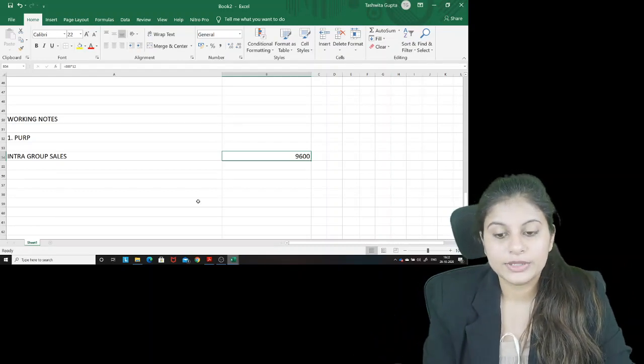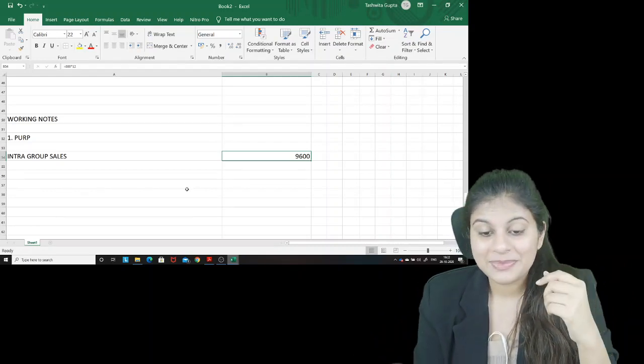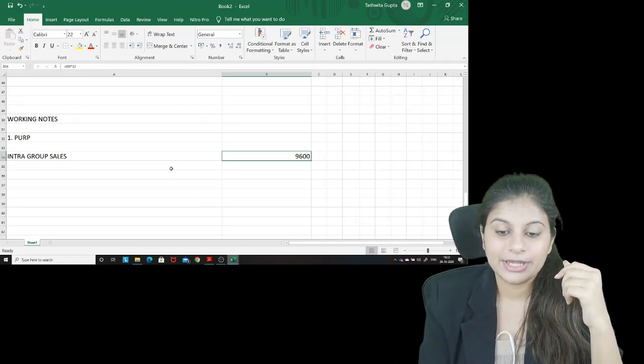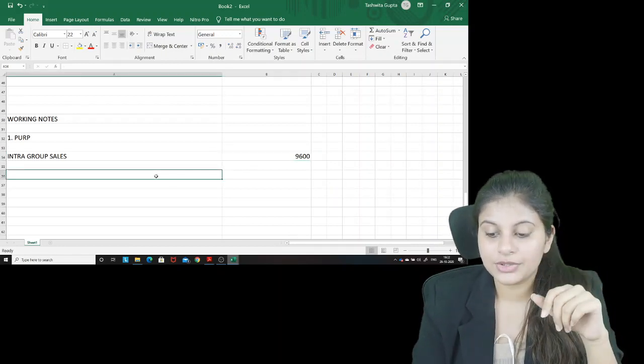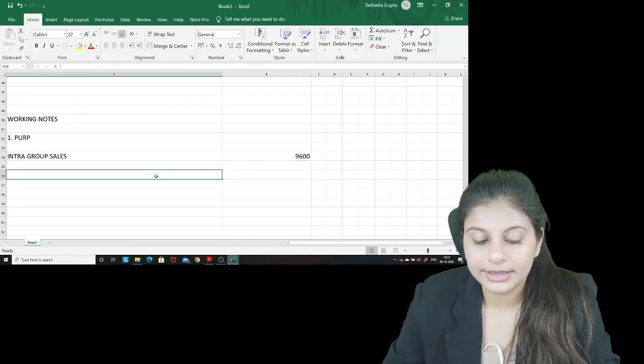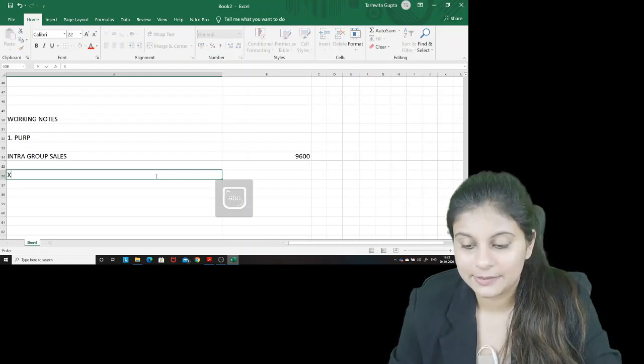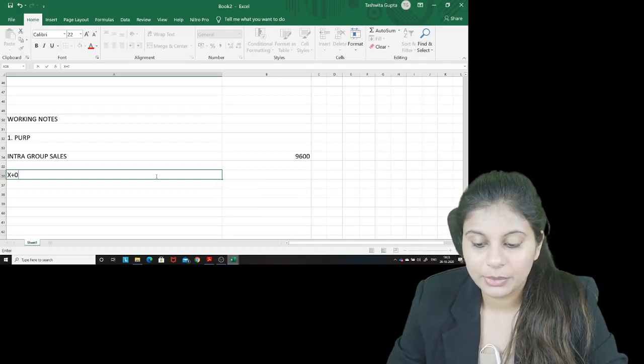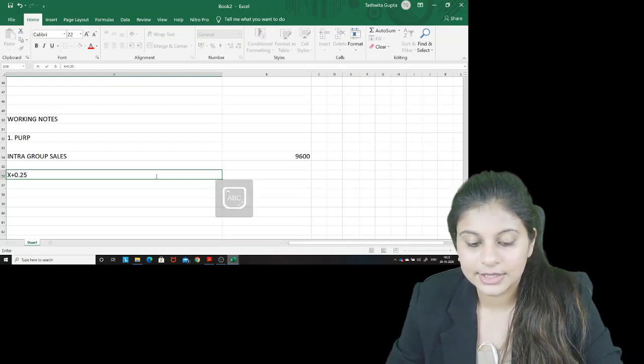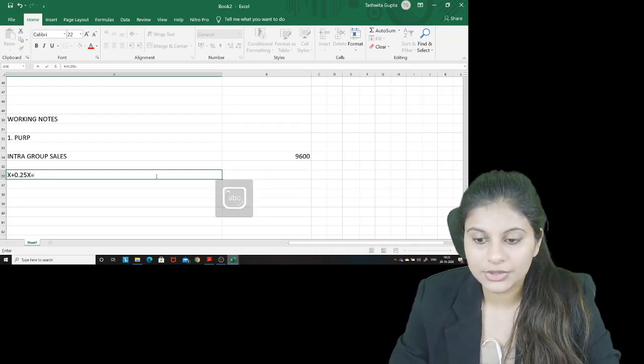So I will always use the X method. I use this linear equation where I say let the cost be X. So X plus 0.25x is equal to how much?